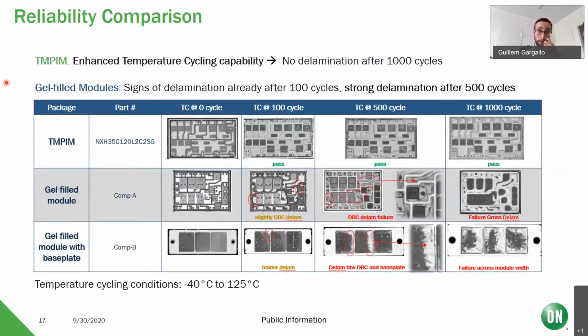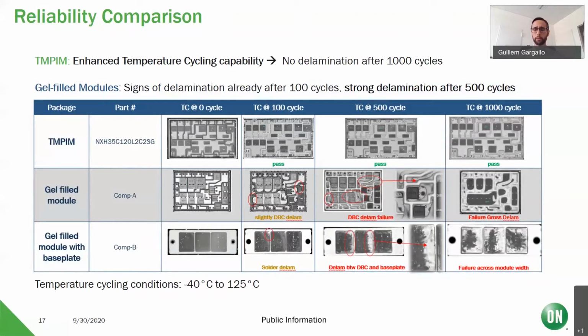And one of them is the enhanced temperature and power cycling capability. This is mainly related, of course, to this epoxy encapsulation, as well as the material selected for our packaging technology.